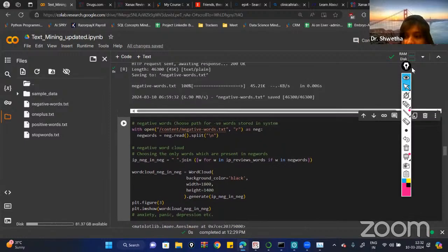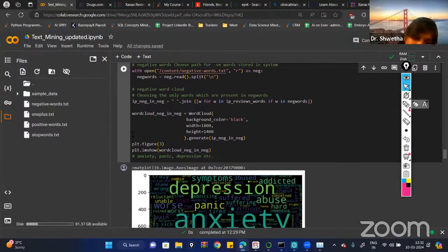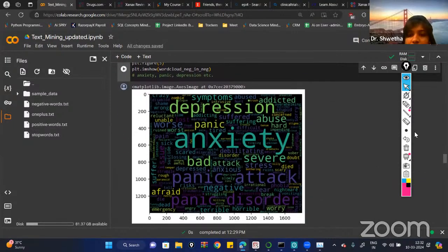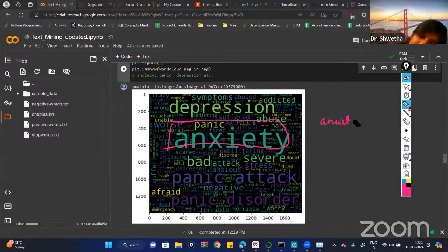Okay. So this is the figure 3 and we are showing the word cloud for negative words. So we can see there are a lot of negative words. The most spoken negative word is anxiety, depression, panic attack.